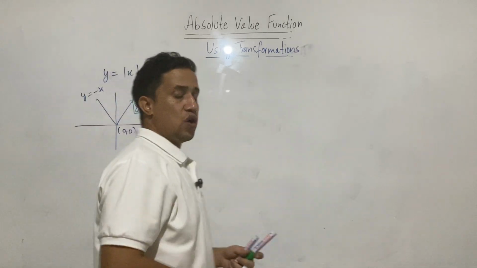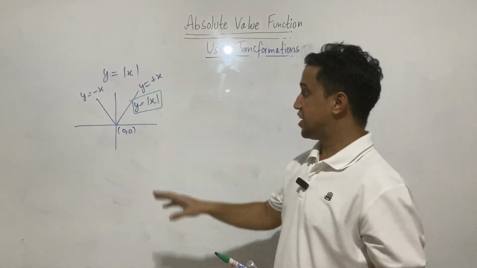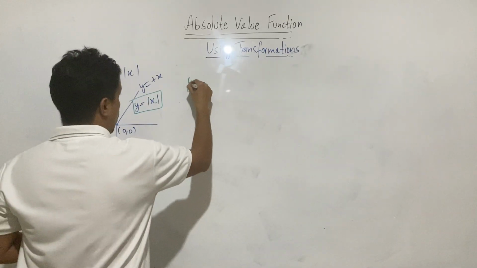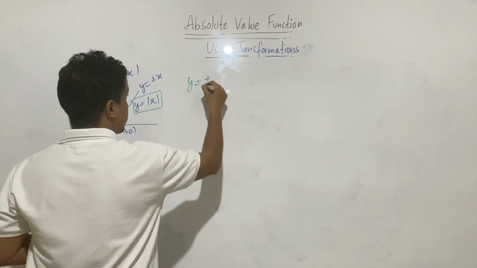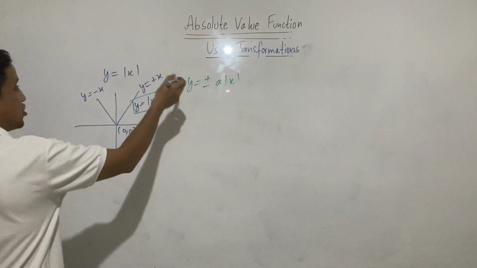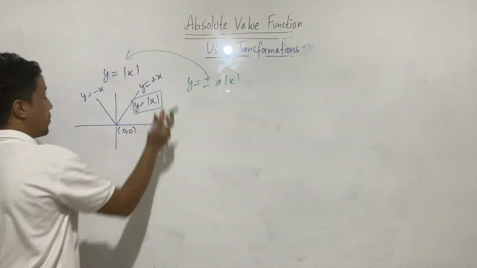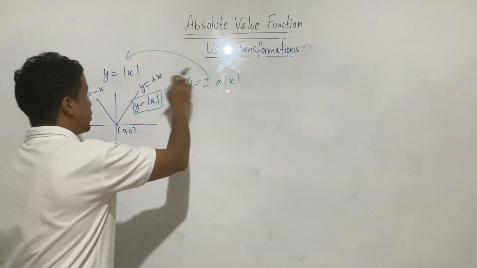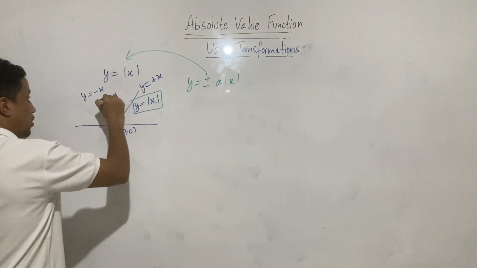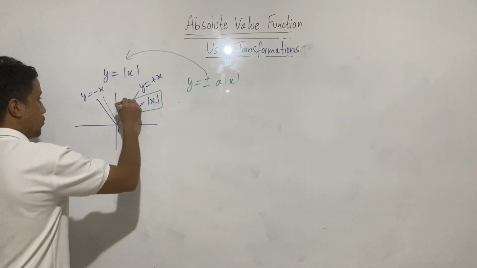Then we spoke about how we generally represent it with plus or minus a times the parent function of x. Here I'm just taking the positive case. If you increase the value of a, what would happen? The graph will get more compressed.